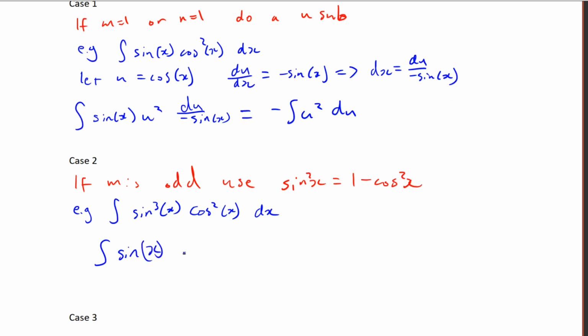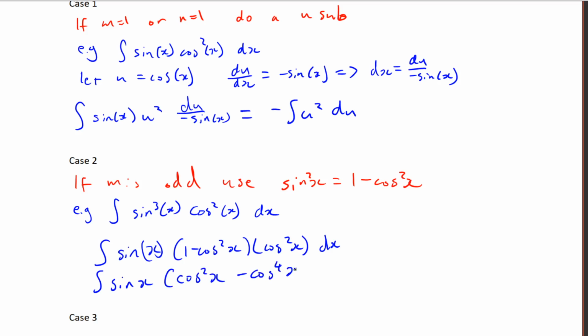So I'll write sine x, and then sine squared x is 1 minus cos squared x, and this is times cos squared x. So I'll have sine x cos squared x minus cos to the 4 x, and then from here I'll let u equal cos x, and then this will just be u squared minus u to the power of 4, and when I take du, that sine x will eventually cancel out.